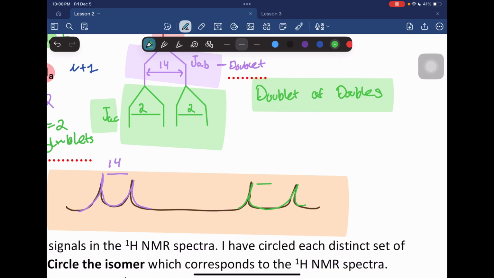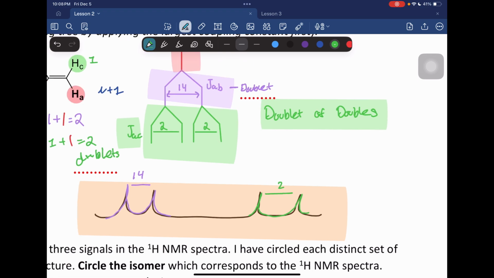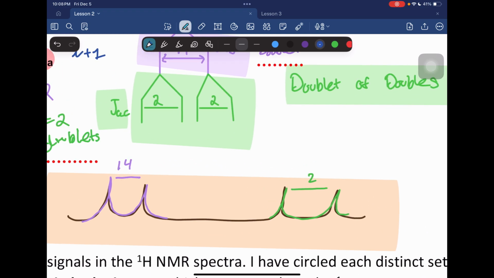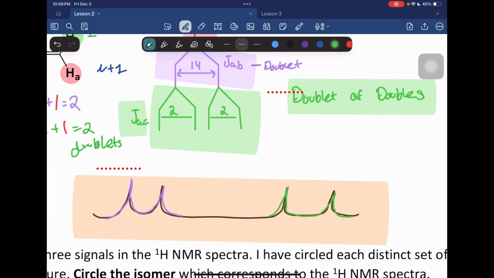And the distance between these is 2, I believe. And we know that this is the right answer because in the end we have 1, 2, 3, 4, and we do end up with 4 peaks, right? So yeah, that's that.